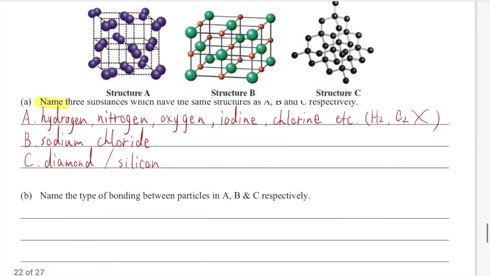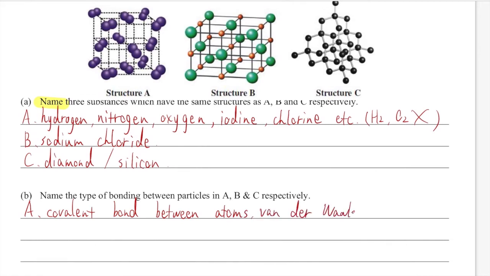You should name, first of all, the strong covalent bonds between atoms, and also the van der Waals forces between molecules. Remember, name the particles involved as well.